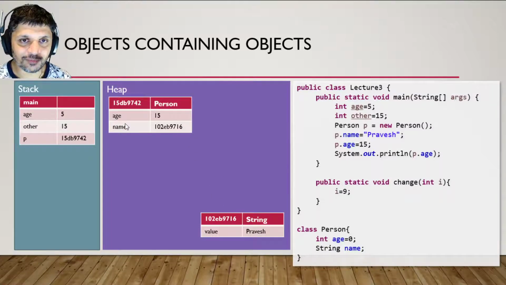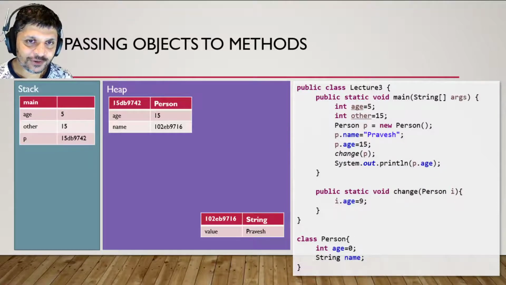So even in the heap, when I have objects inside an object, they're stored as references, right? They're not stored directly inside that object. You just get a pointer to where the actual object is. Okay. When I say System.out.println(p.age), I'm just going to get 15 as normal because I didn't change anything there.